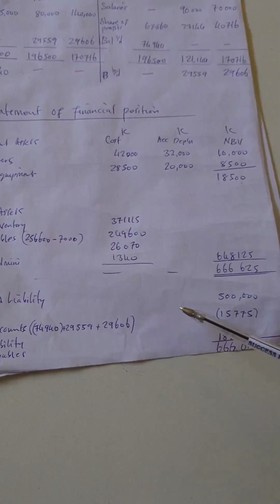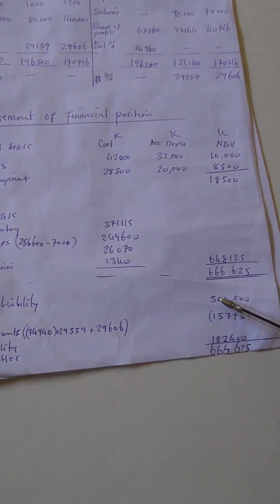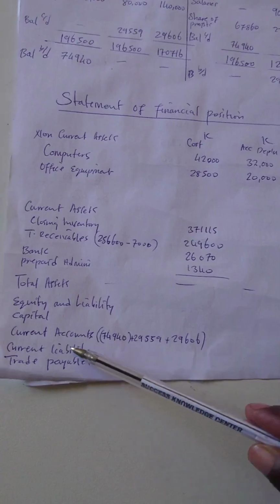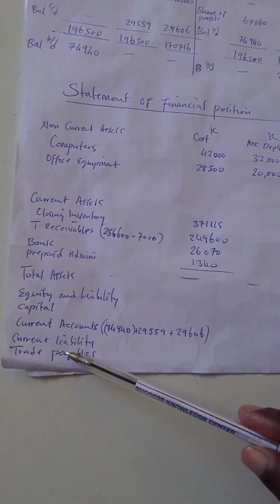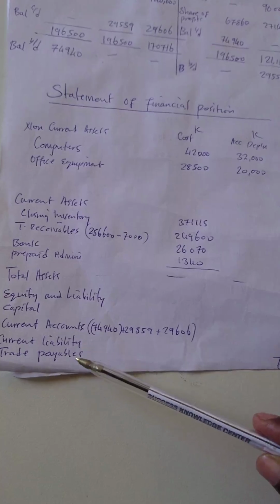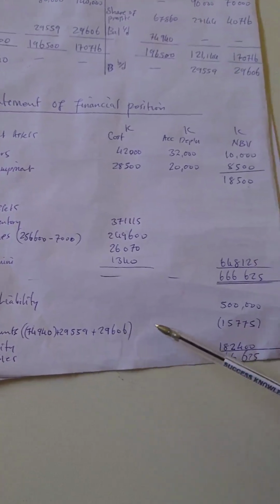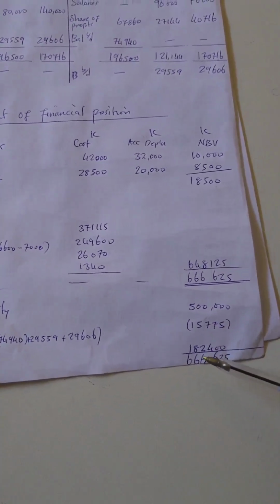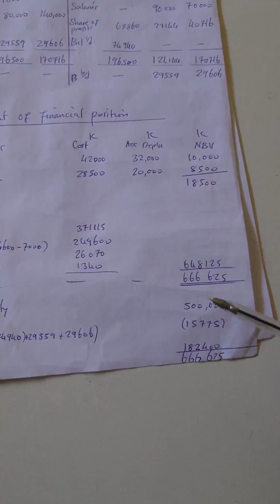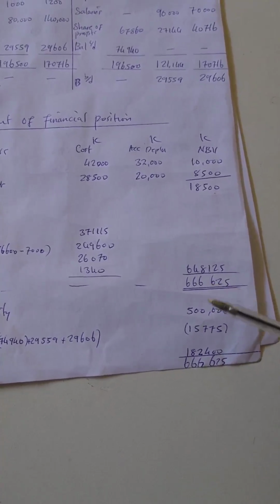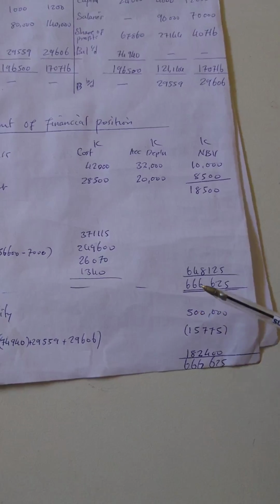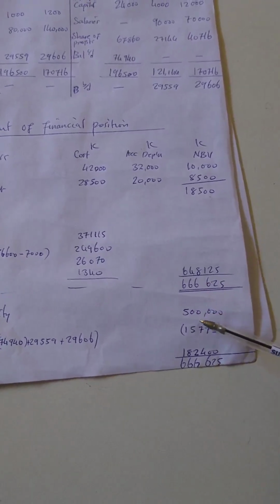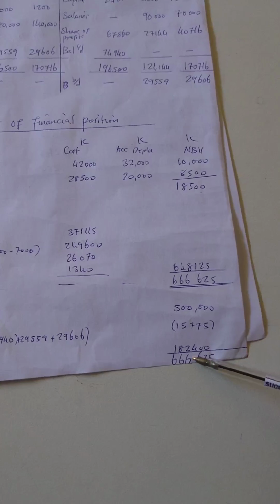The balances, you add them up, then you add them to capital, and then you do the liability part here. We only had the current liabilities, which were trade payables. If you do your workings properly, you discover that the statement of financial position is actually balancing. We had total assets at this, and equity and liabilities, this is the figure below.